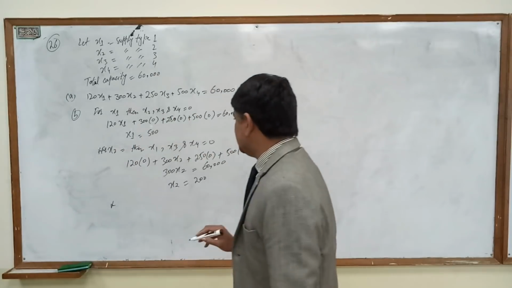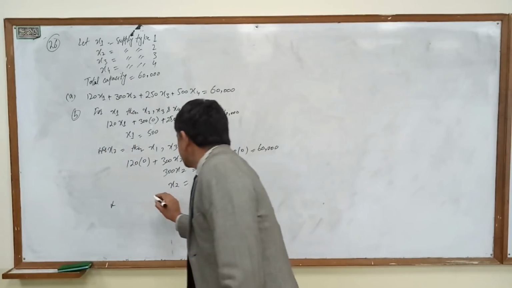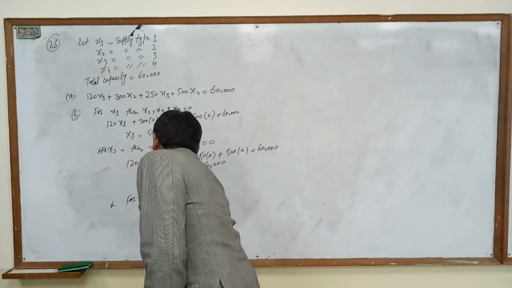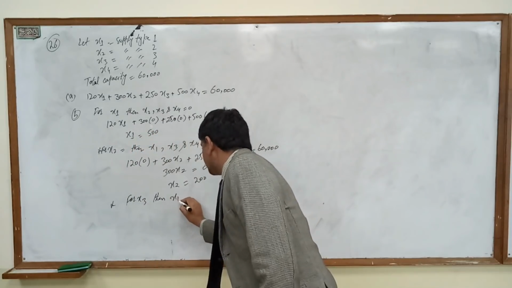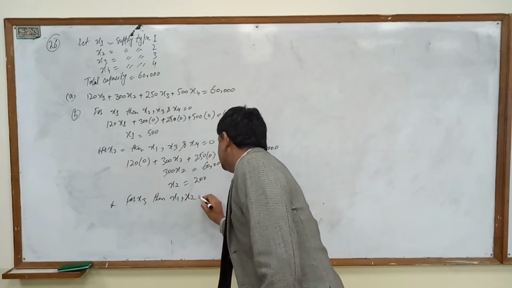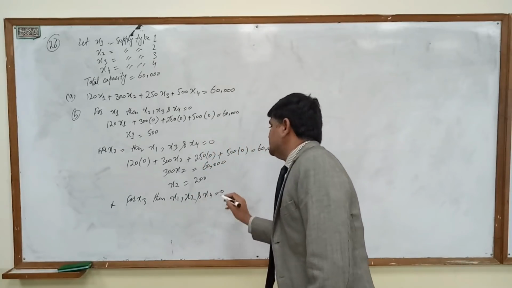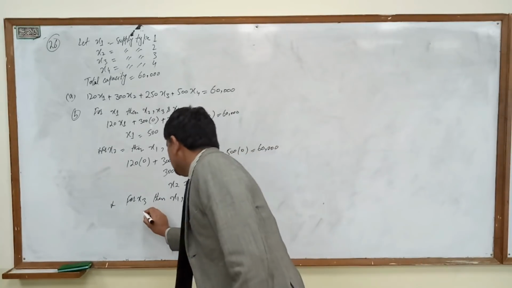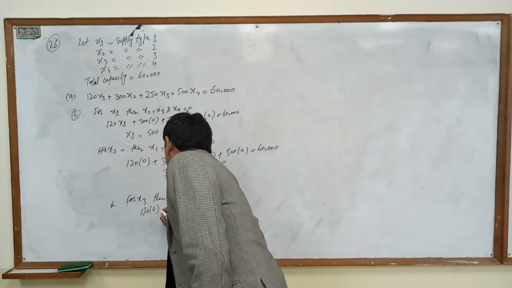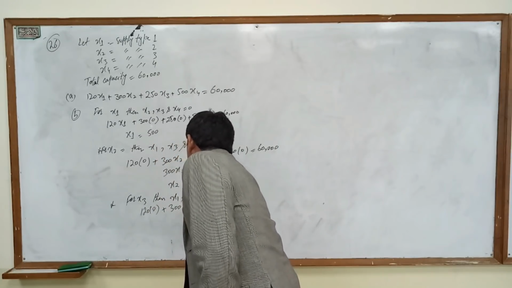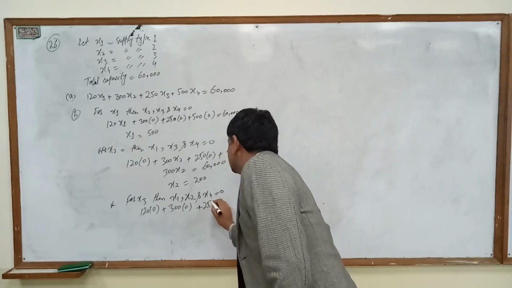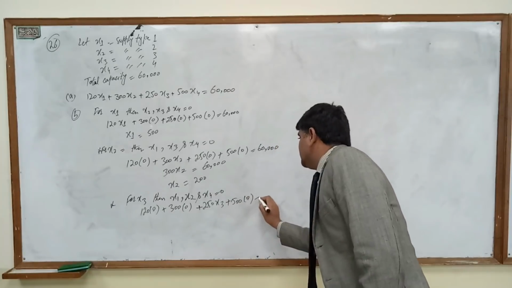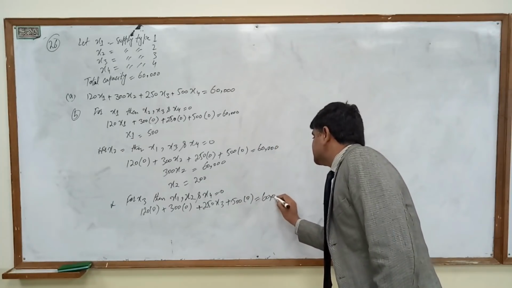Next, for x3, then x1, x2 and x4 are equal to 0. So 120 into 0 plus 300 into 0 plus 250 x3 plus 500 into 0 is equal to 60,000.